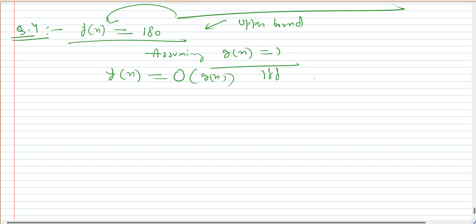if and only if there exists a constant c such that fn is less than or equal to c dot gn.